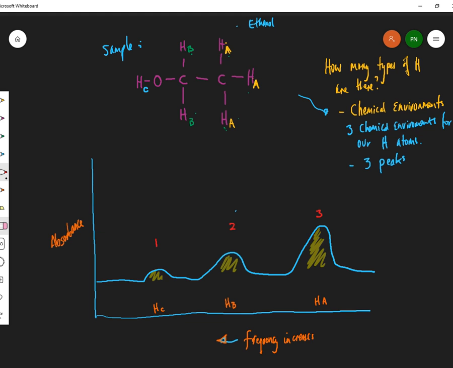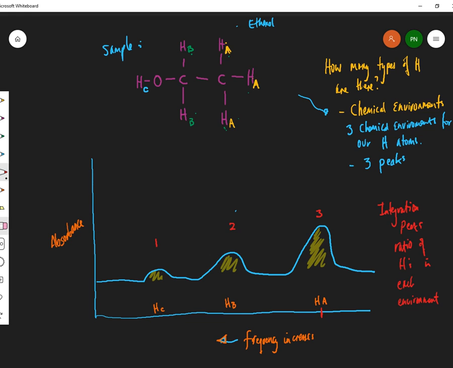And there's 1 hydrogen C. So the areas under the peaks, what we call the integration peaks, give us the ratio of hydrogens in each environment. Now, this is very technical, but it just means that the reason you get a bigger hump of this one is because there's more of them to absorb. So these 3 hydrogens are absorbing at this frequency.